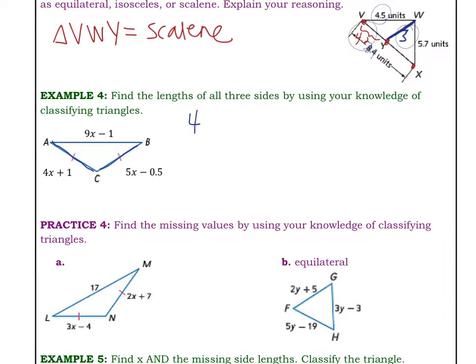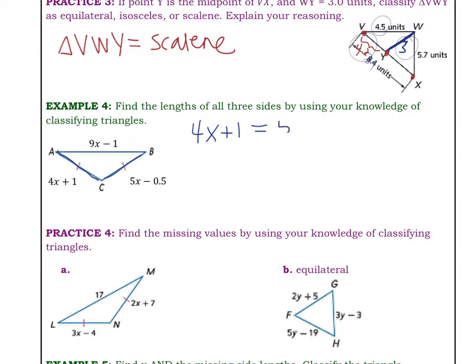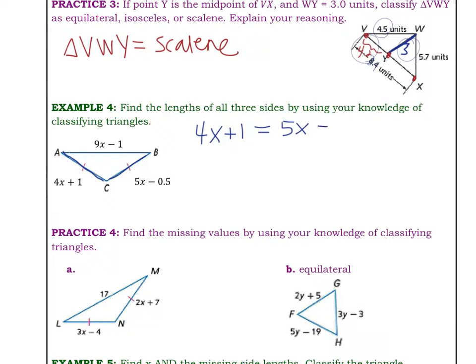I just moved that paper. So 4x plus 1 is equal to 5x minus 0.5. Okay. Do we all understand why we're setting it up that way? Okay. So how do I solve for x?